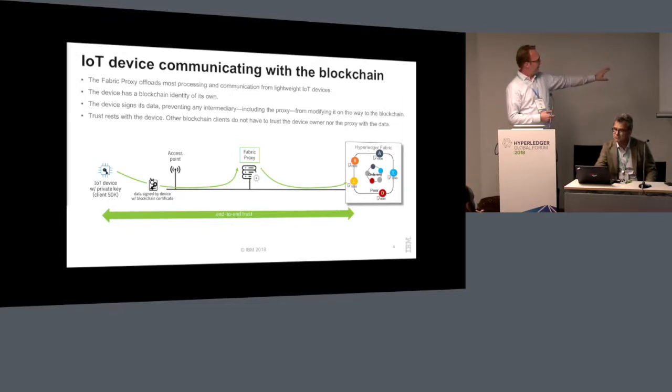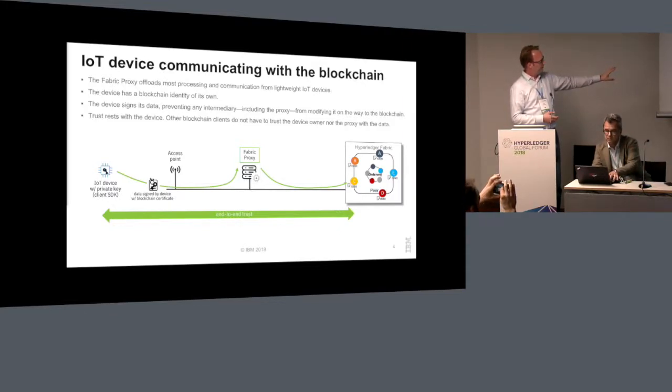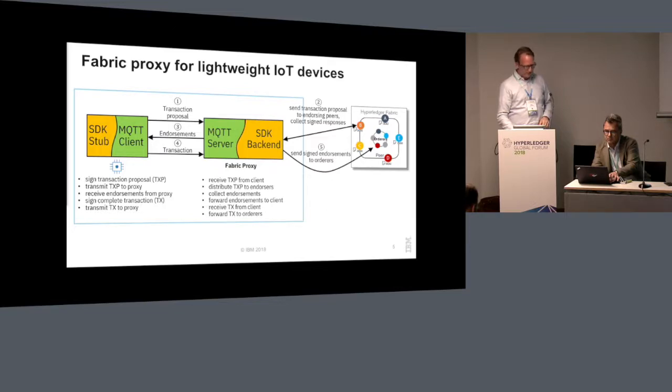So the device signs its own readings, sends the signed readings to the proxy, and the proxy organizes the communication with the endorsers, collects the endorsements back, then lets the endorsed final transaction be again signed by the device, but then again sends the results to the orderers. So that's the idea. This is what that looks like in a bit more detail.